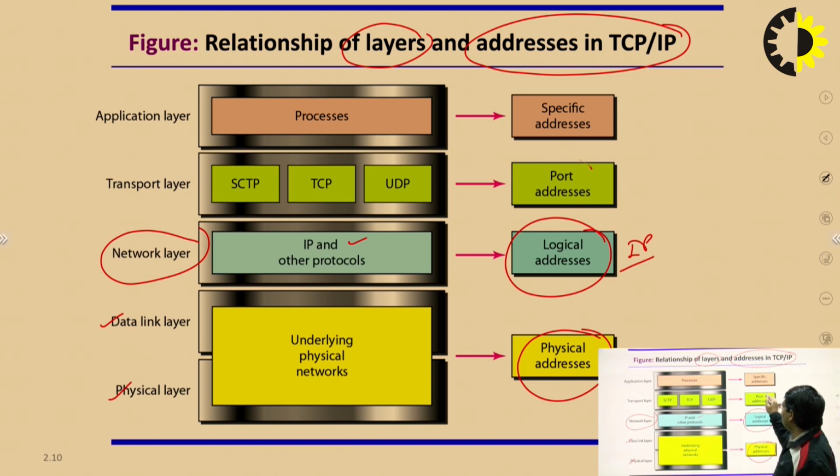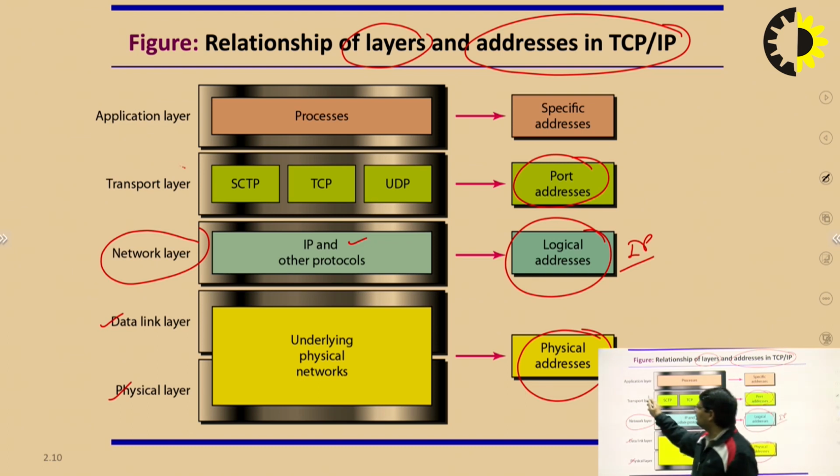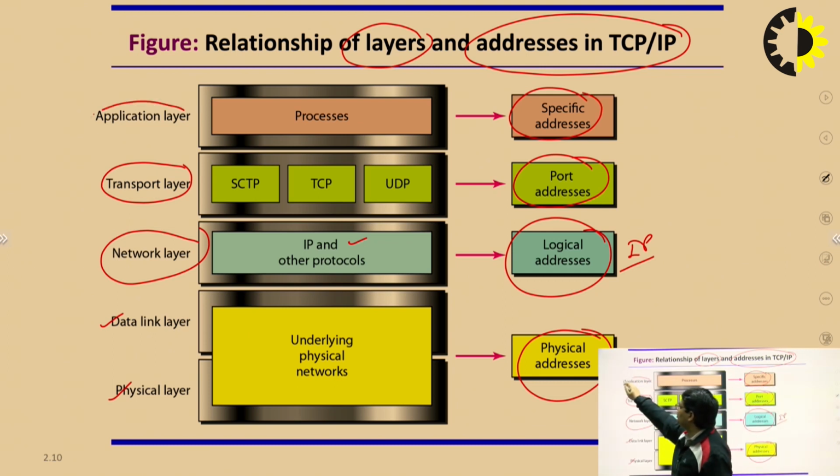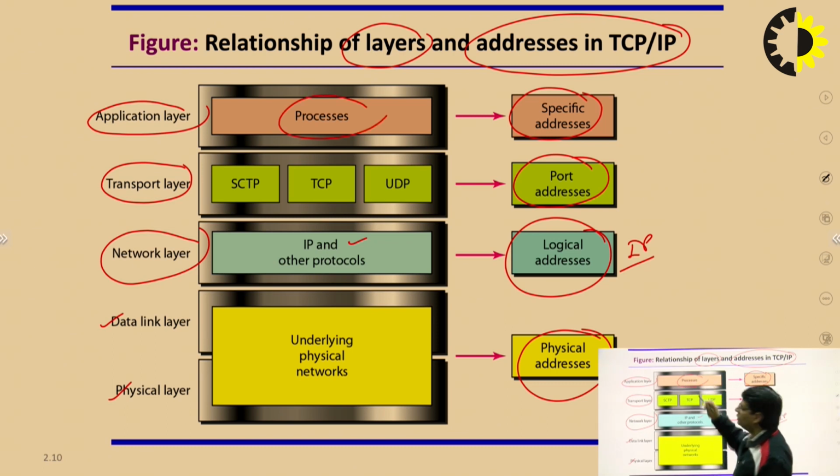Then we have port address. This is for process to process communication or unique identification of process in the network. That is used at the transport layer. And finally, specific addresses. Specific addresses are used at the application layer level for accessing the network or services by the users.